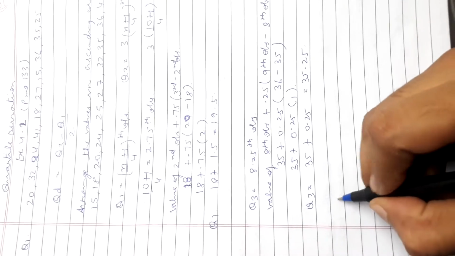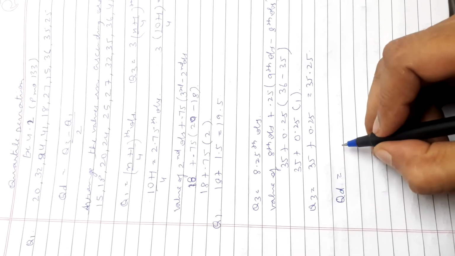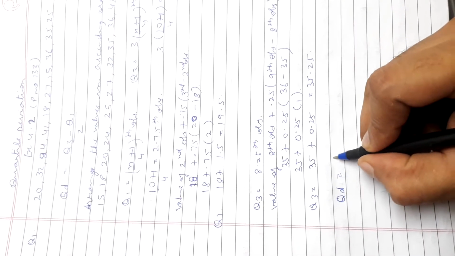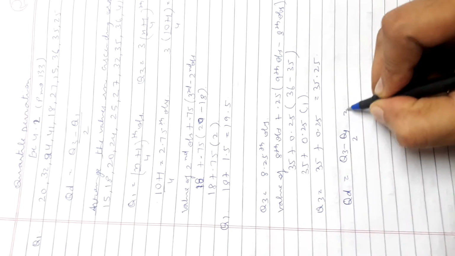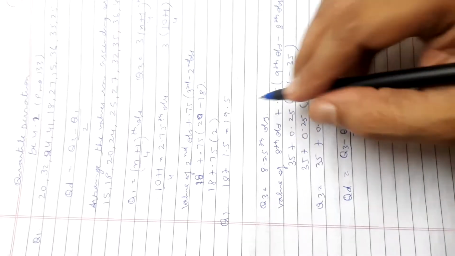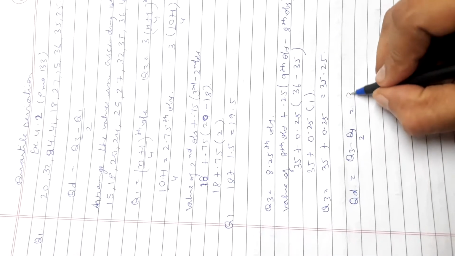Now formula for quartile deviation is equal to Q3 minus Q1 divided by 2. Value of Q3 we have found is 35.25.